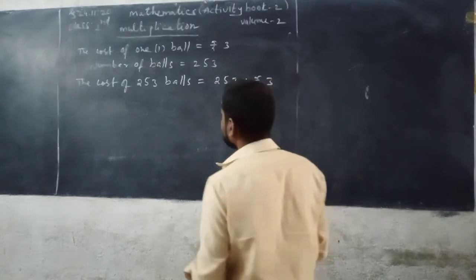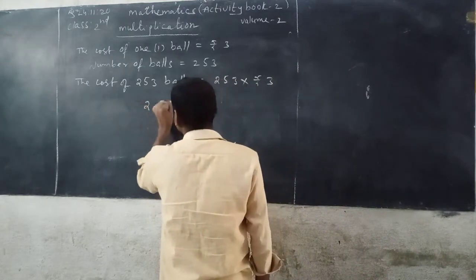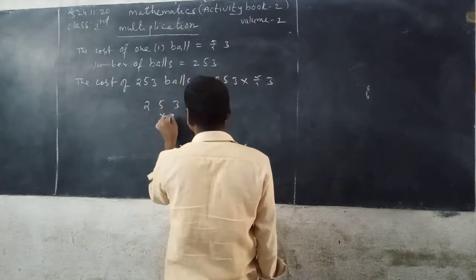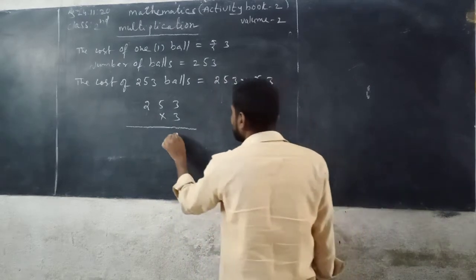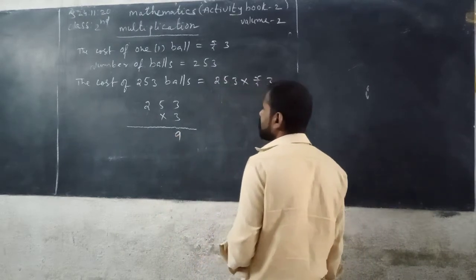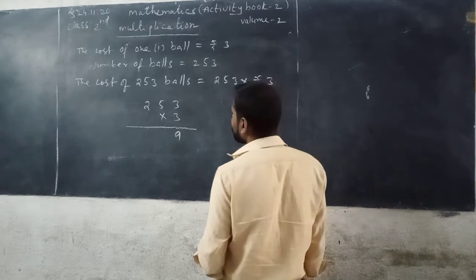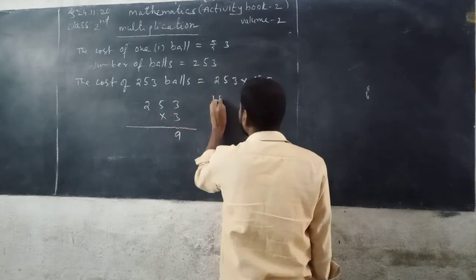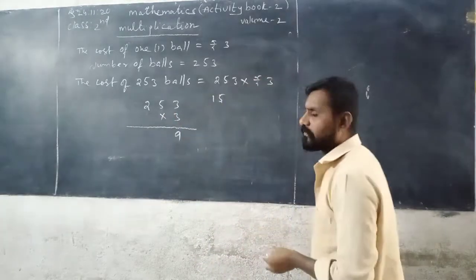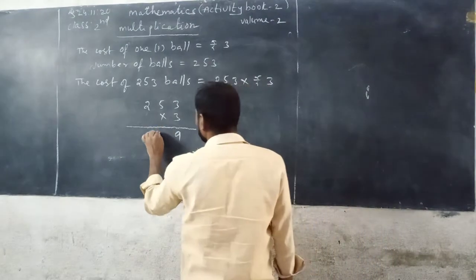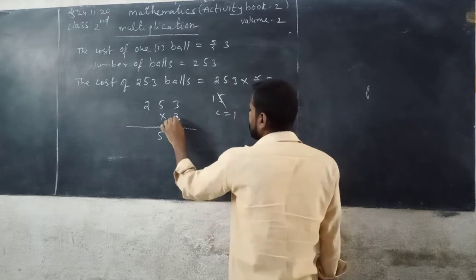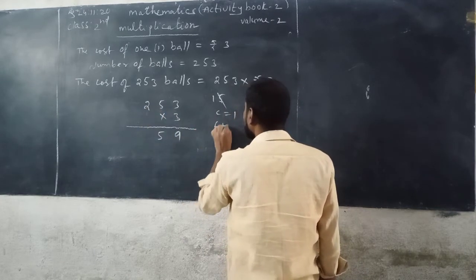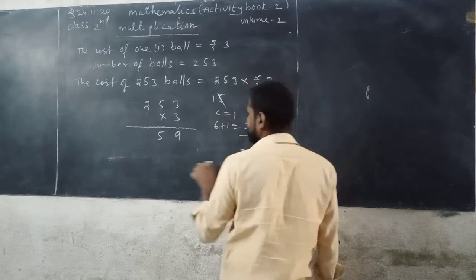Listen carefully. 253 into 3. First we multiply the digits in the ones place, that is 3 with 3. 3 3s are 9, single digit. Now next we multiply the digits in the tens place, that is 5 with 3. 3 5s are 15, beta. 15 is a 2-digit number, so 5 is taken and written down. Now carrying 1, beta. 3 2s are 6, 1 is added to 6, you can get 7.